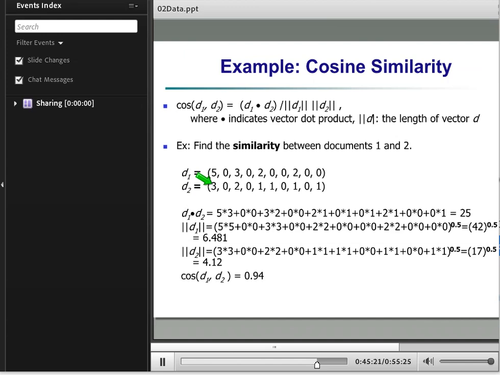5 times 3. Look at this. 5 times 3. The values of each attribute are multiplied together. 5 times 3 plus 0 times 0 plus 3 times 2 plus 0 times 0 plus 2 times 1 plus 0 times 1 plus 0 times 0 plus 2 times 1 plus 0 times 0 plus 0 times 1.